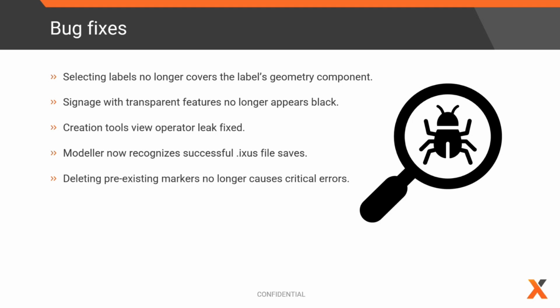And when creating 3D tools, sometimes there were extra objects in the field of view, so that's been removed as well. And then the modeler now recognizes offline file saves correctly, so that refers to the .xs files when working on an offline file. And then deleting pre-existing markers also no longer causes a crash, and this is also comprehensively documented in the release notes.